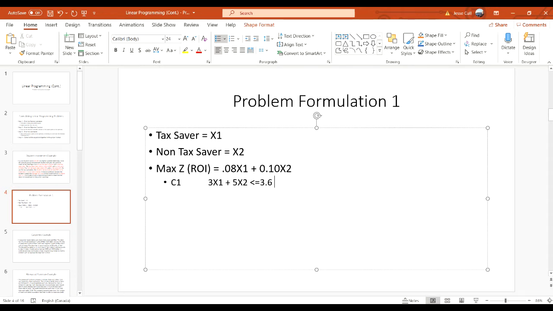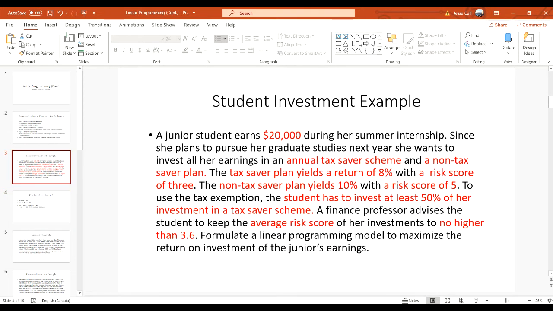And that represents our total risk score. We see that here. We have risk score of 3 with tax saver, so 3x1 because tax saver is x1. And we have 5x2 because non-tax saver is x2. And we want it no higher, so less than or equal to 3.6.